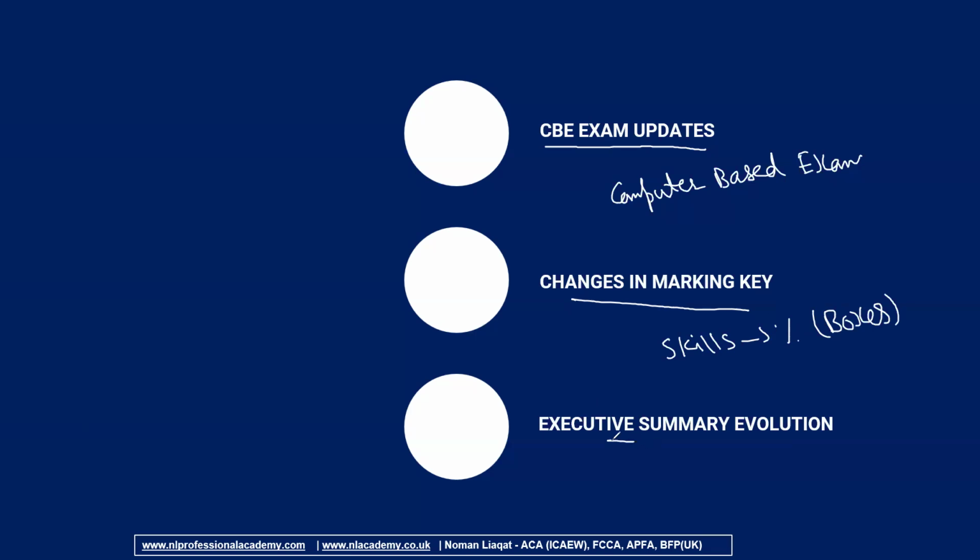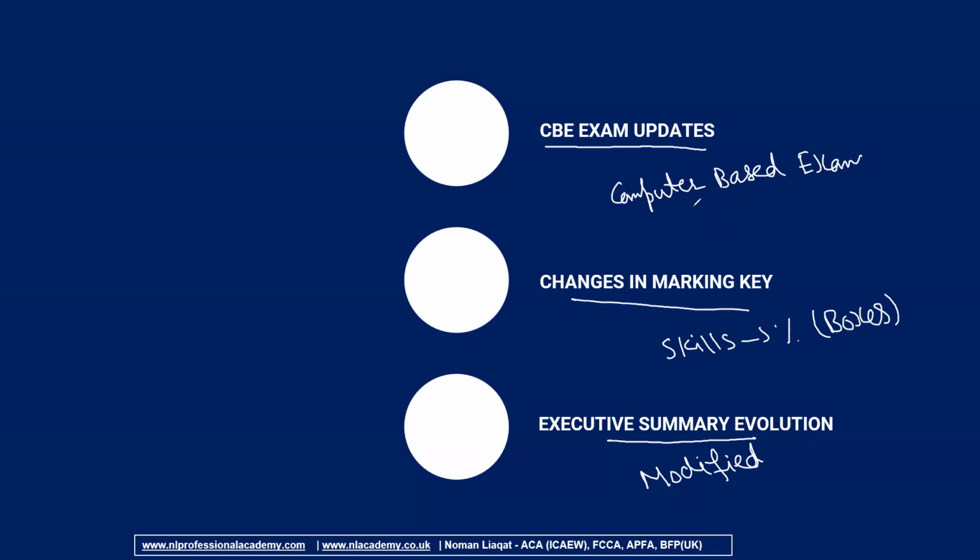Then executive summary evolution: the executive summary has been modified. Earlier the exam was manual, meaning you were given a piece of paper and you had to write on that paper, just like we appeared in our case study exam more than a decade ago, in 2016. Now exams are computer based.